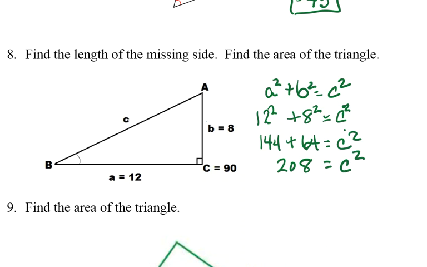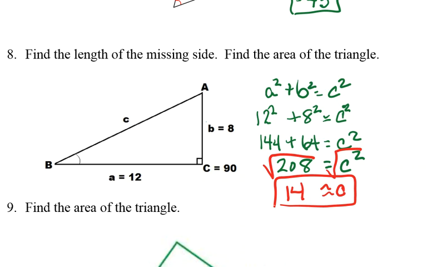Now to undo a square, the inverse of squaring is square rooting. So I'm going to square root 208. And so c is approximately 14. Now I went ahead and rounded to the whole number because my 8 and my 12 were whole numbers, so that's why I did that.